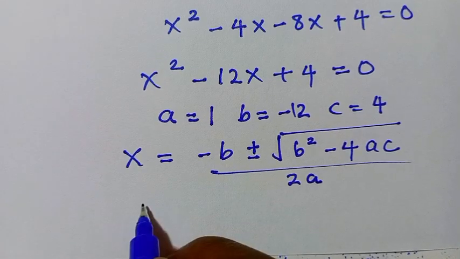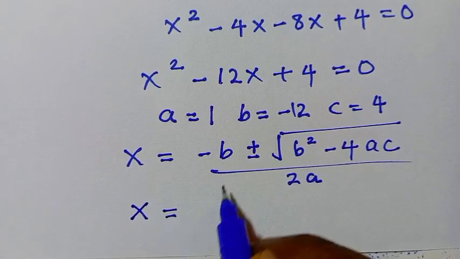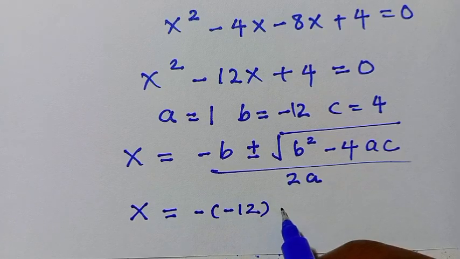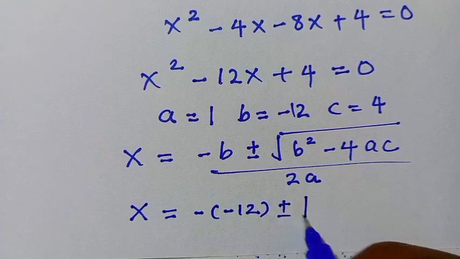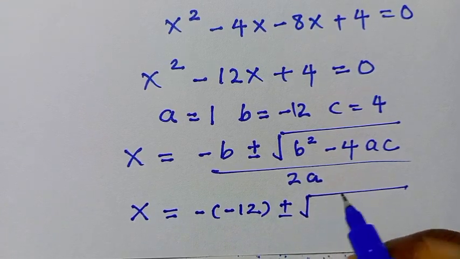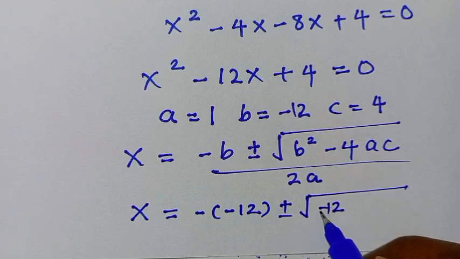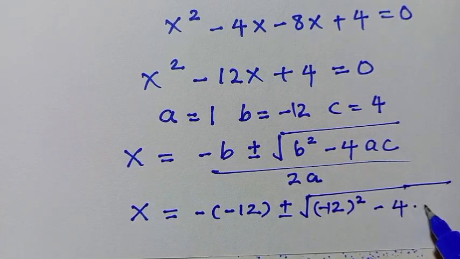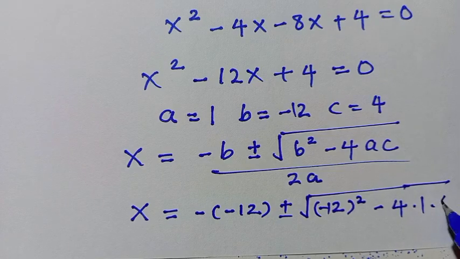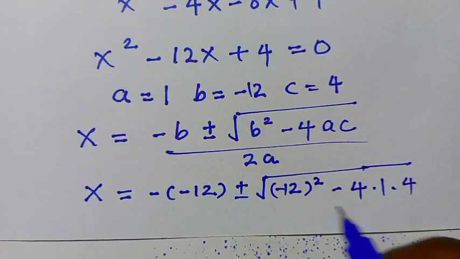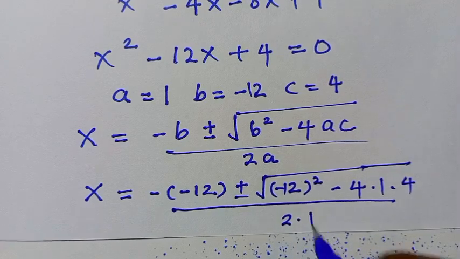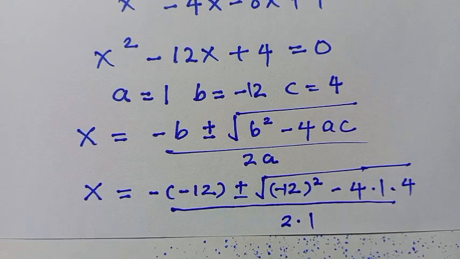So by substituting them, we have x equals minus into bracket of minus 12, plus or minus square root of (minus 12) squared minus 4 multiplied by 1 multiplied by 4, divided by 2 multiplied by 1.